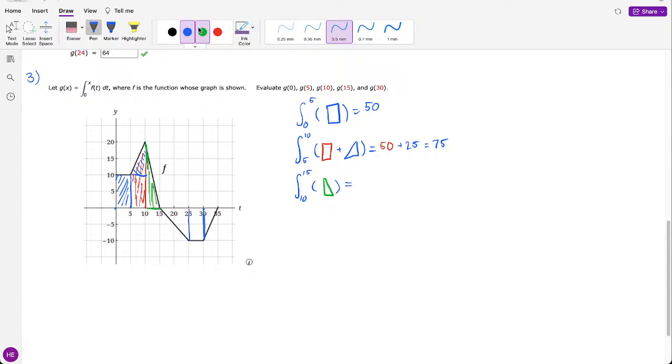So that equals 20 times 5, because it goes 5 over, divided by 2. Well, 20 times 5 is 100. Divide that by 2 equals 50.